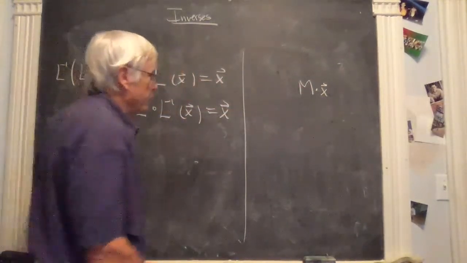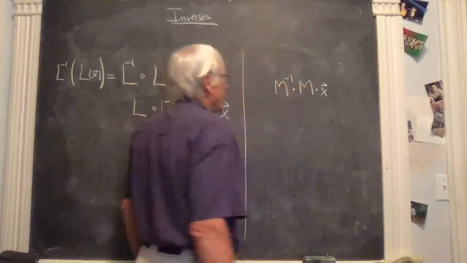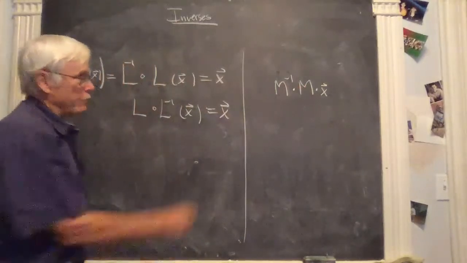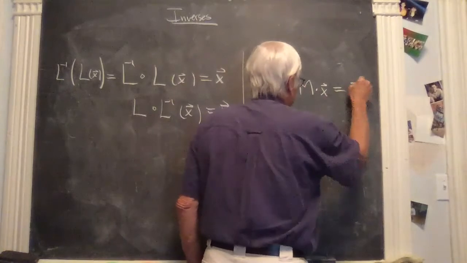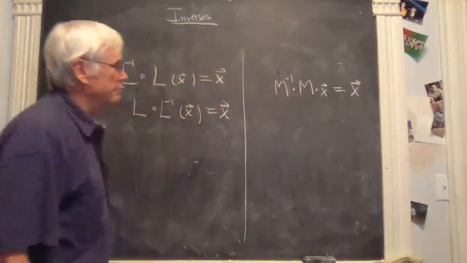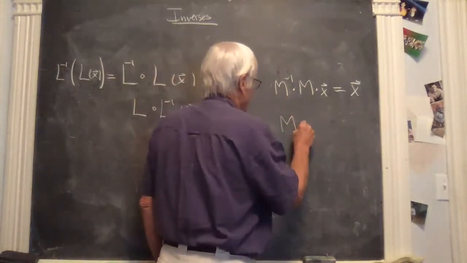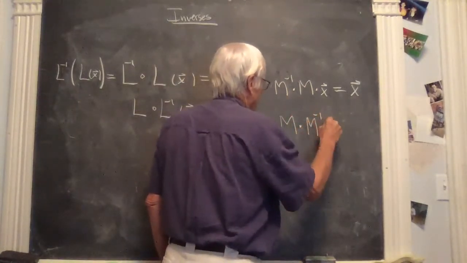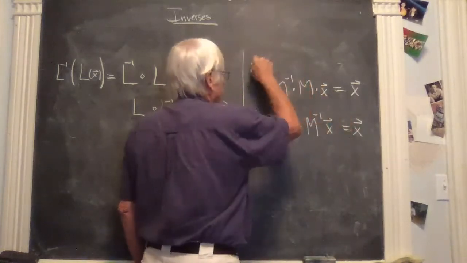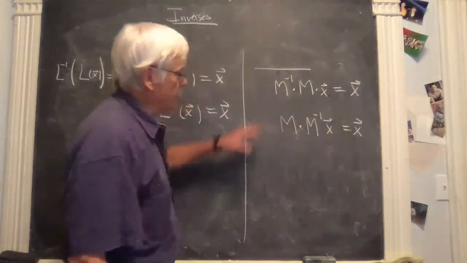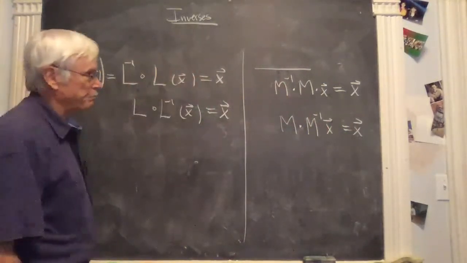And then L inverse of that means you multiply those matrices together, whatever this one is. And when you do that, the result is X. And similarly, you take M times M inverse of X, you get X. So in matrix land, here is the matrix arithmetic that reflects these functions here.